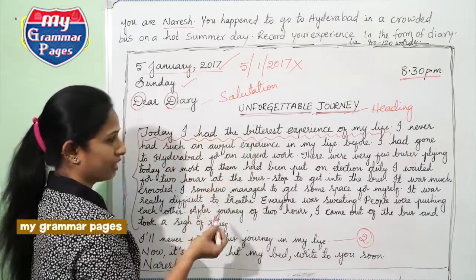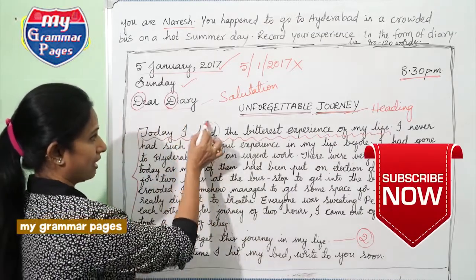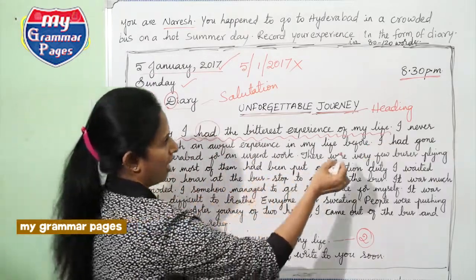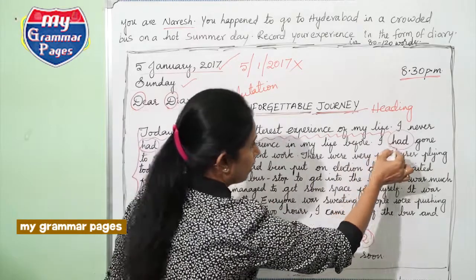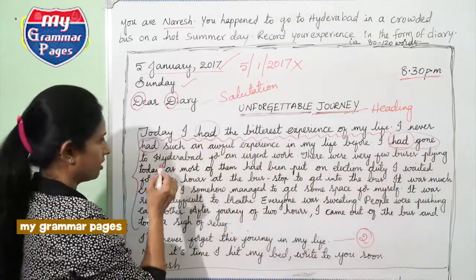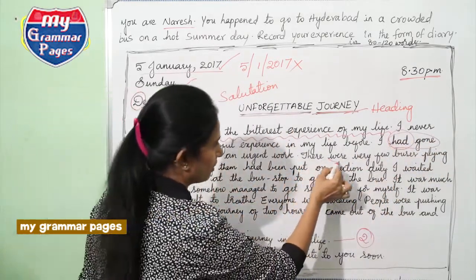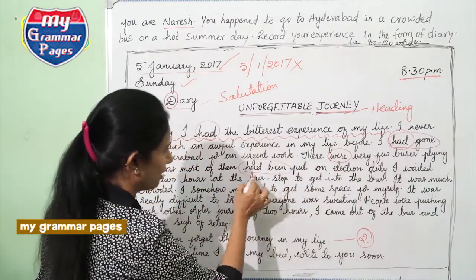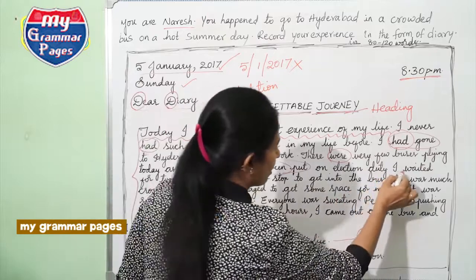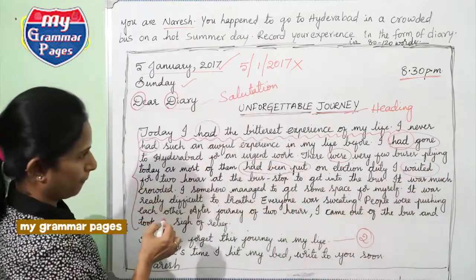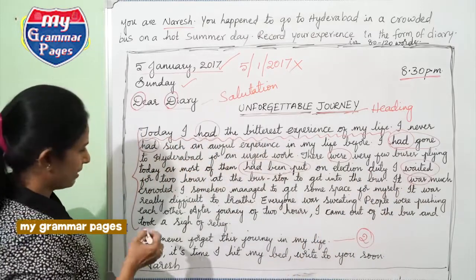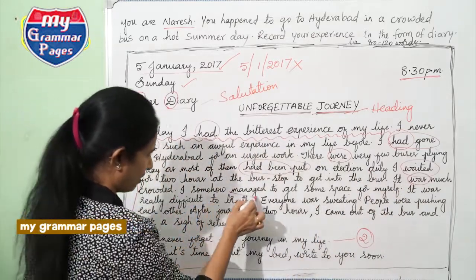Okay, so now let me tell you, this is simple past, and here it is simple past, and here it is past perfect, and the next thing is here once again simple past, past perfect, and simple past. This is simple past and simple past.